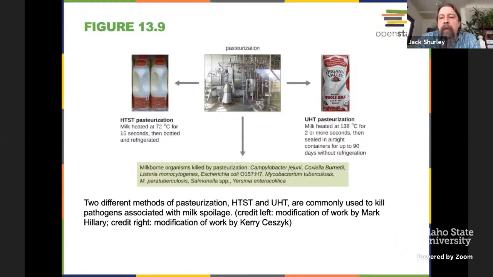We're not bringing it to a boil, all right? Here we say 72 degrees Celsius. Over here, we're going above boiling. And there are others, maybe right at about 60 degrees Celsius or so for just a common type of pasteurization. So you heat it up and you hold it there for a period of time.